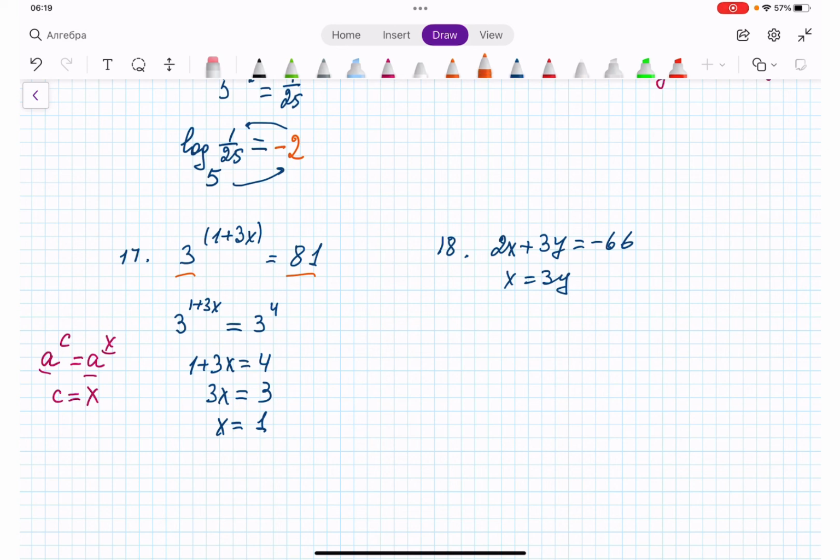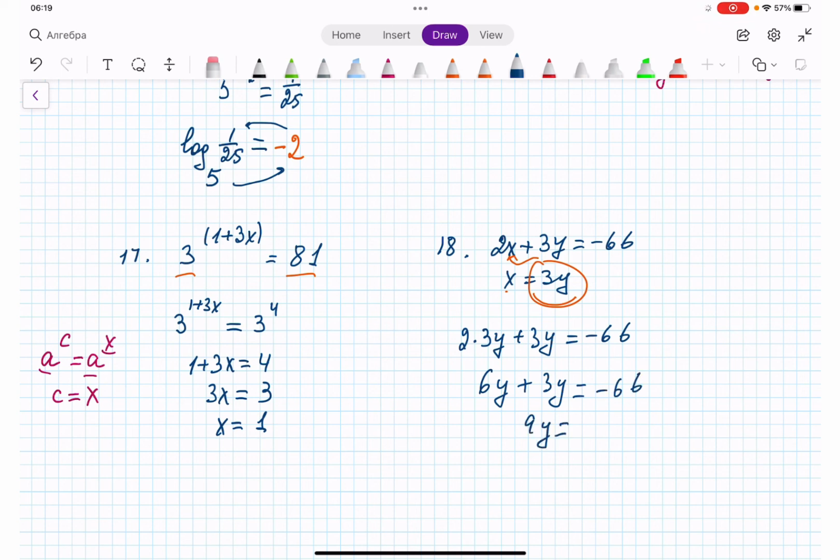I'm going to take this 3y and plug it into x, because x is equal to 3y, right? Let's work this out. Twice 3y plus 3y equal to negative 66. We are getting 6y plus 3y equal to negative 66. 9y is equal to negative 66.